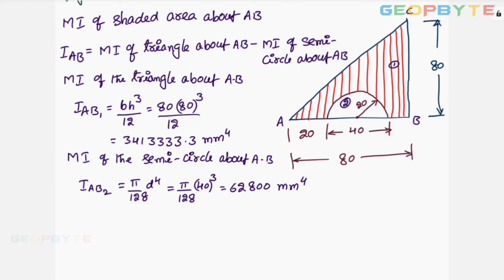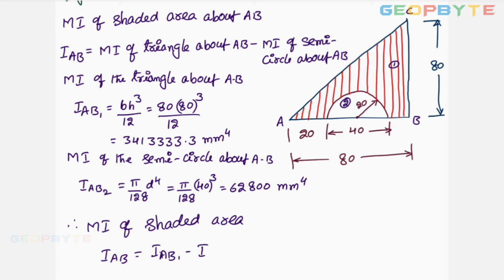Therefore, moment of inertia of shaded area IAB equal to moment of inertia of the triangle minus moment of inertia of the semicircle. 3413333.3 minus, for a semicircle, 62800.